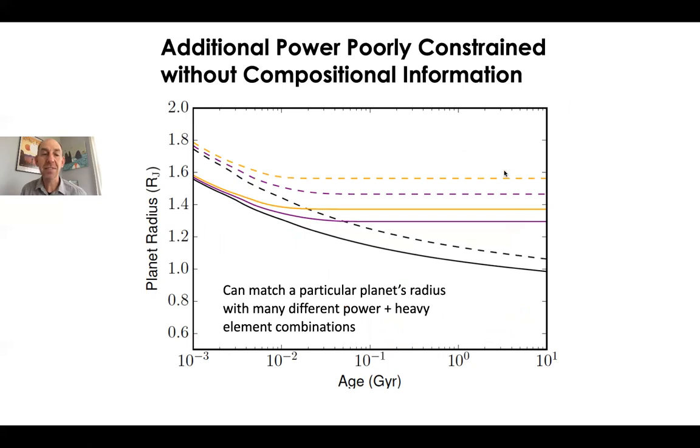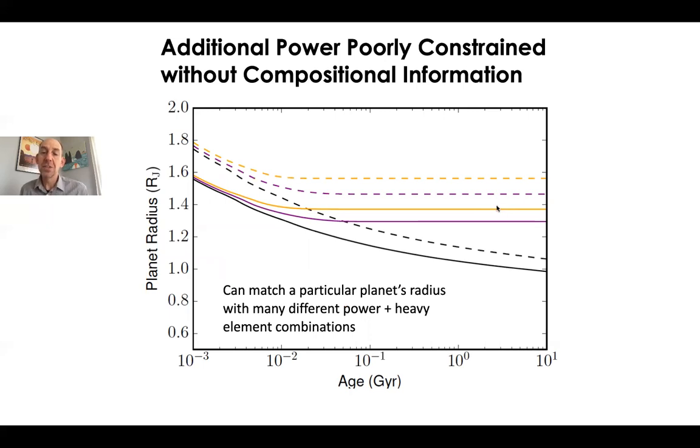Let's say we have a given hot Jupiter that has a radius of around 1.6 Jupiter radii. That would be over here where my cursor is. What we're typically blind to is how much energy you need to stall the contraction. Let's imagine we have a planet at 1.4 Jupiter radii, over here.